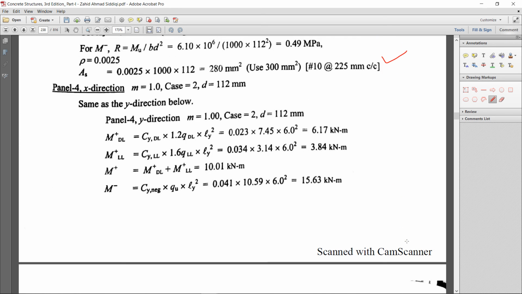For the panel 4, where M is 1, K is 2, D is 112 millimeter in the short direction. So M positive.